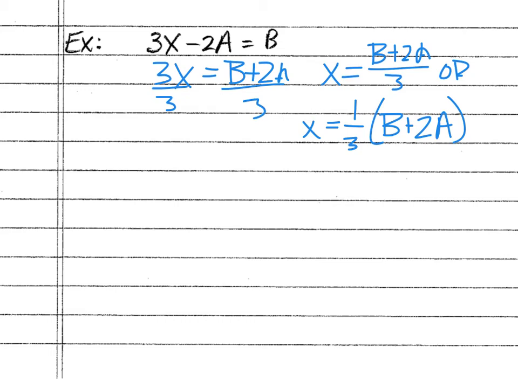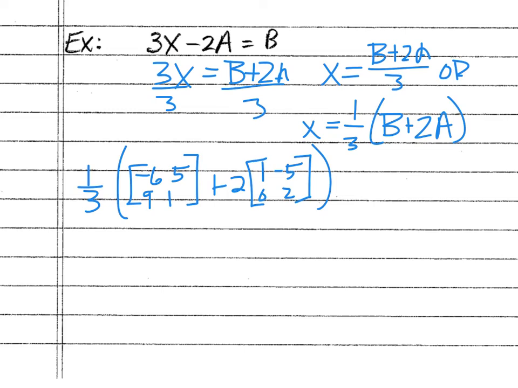Okay, so when I plug these in now, it's going to be 1/3 times the matrix B, which is negative 6, 5, 9, and 1, and we're going to add that to 2 times matrix A, which is 1, negative 5, 0, and 2.